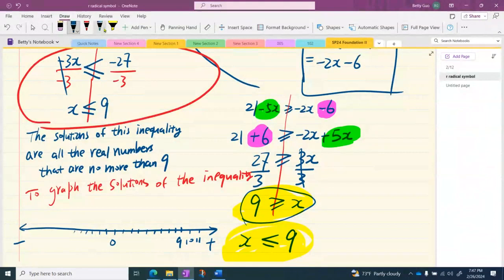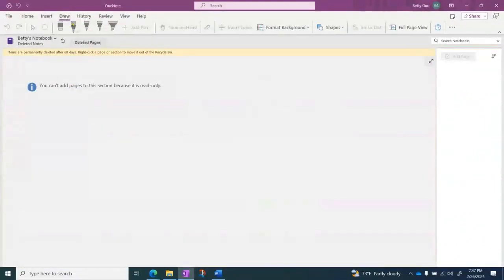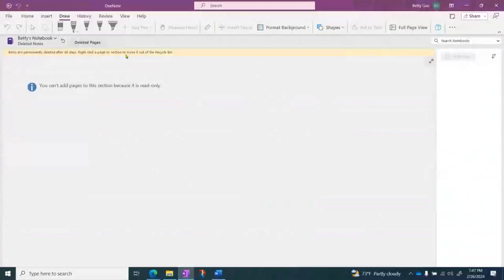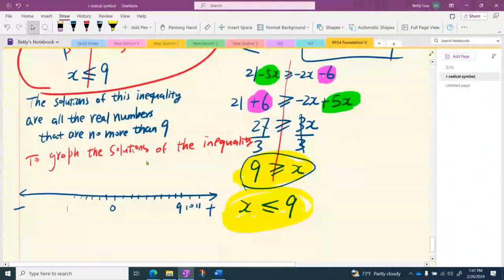Firstly, you're going to mark number 9 because that's the upper bound of the solution set, right? All the real numbers no more than 9. So 9 is the upper bound of all the solutions. So 9 is right here.